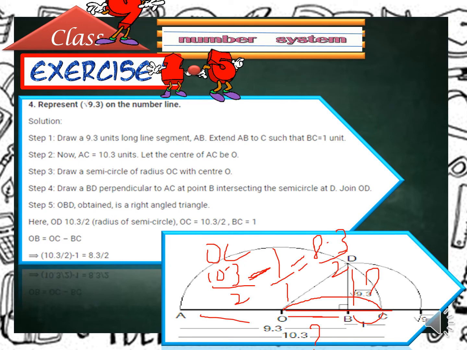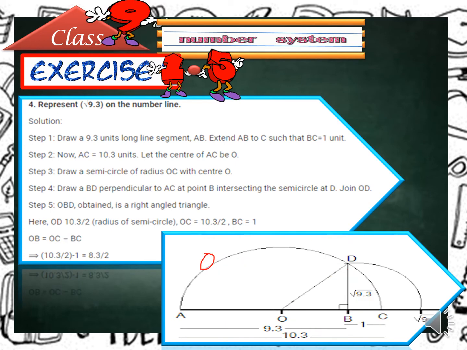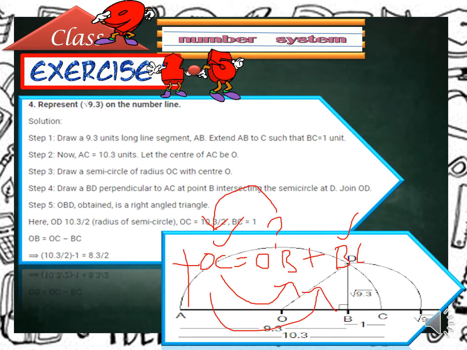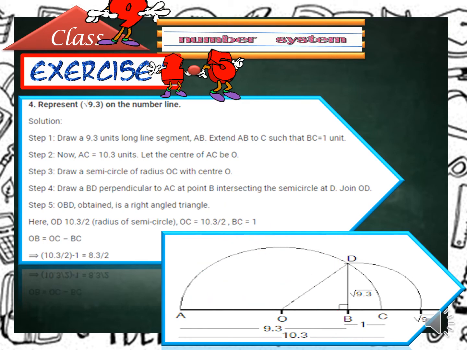Why do we take the minus symbol? When we take OC equal to OB plus BC, we know OC and BC, and what we don't know is OB. So BC is going to come out on this side and go to the other side, so the sign reverses. Here it is plus, when it goes across, it is minus. So it changed to a minus symbol and we get the answer as 8.3 by 2.